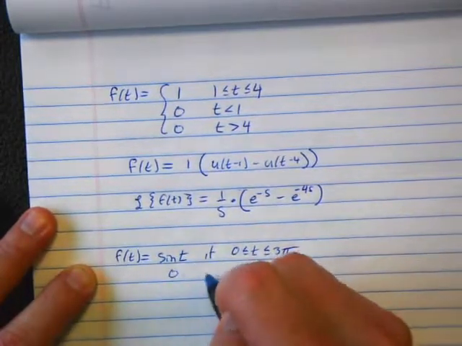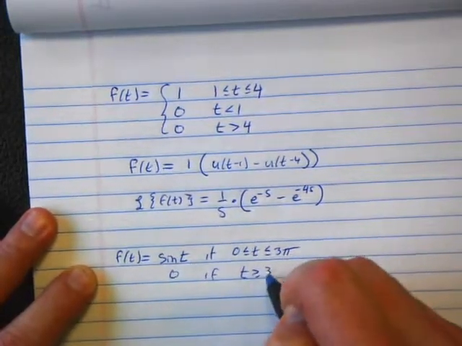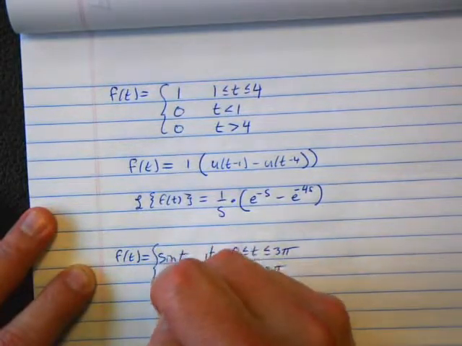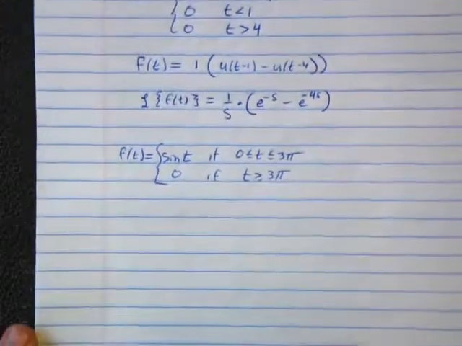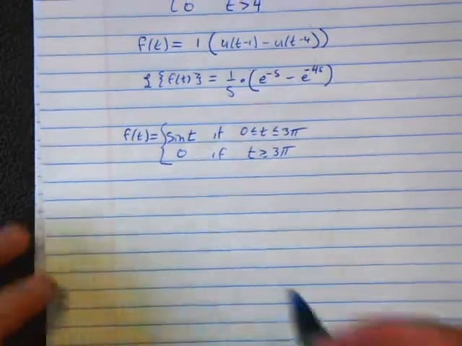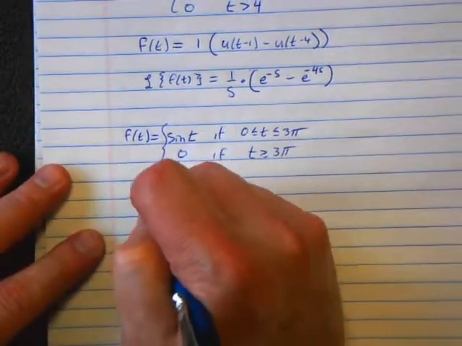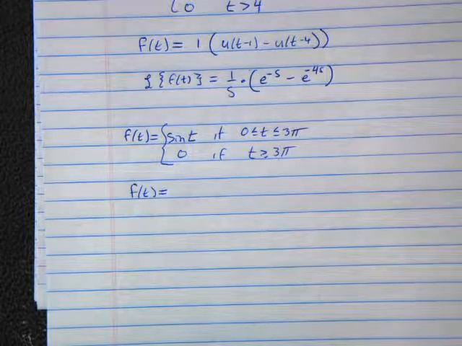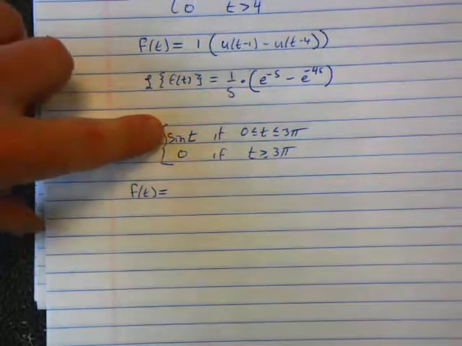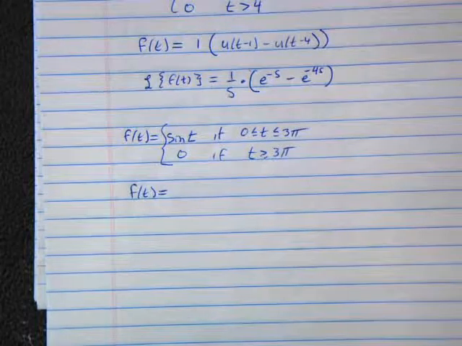And then 0 afterwards. Well, once again, we have to write that using the u notation. So how do we write this one with the u notation? It's on at the beginning, we turn it off later.